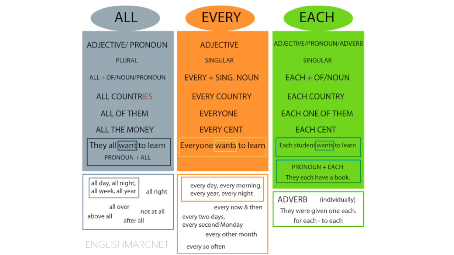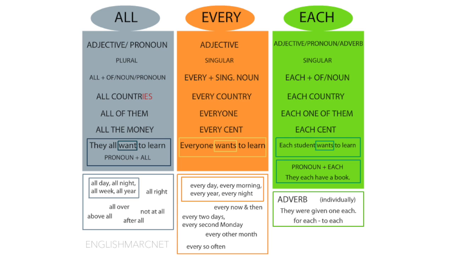The other word that we're going to look at is every, in the orange box. Every is an adjective, and it's always followed by a singular noun. So every plus singular noun, as you can see in the diagram. Every country, everyone, every cent.